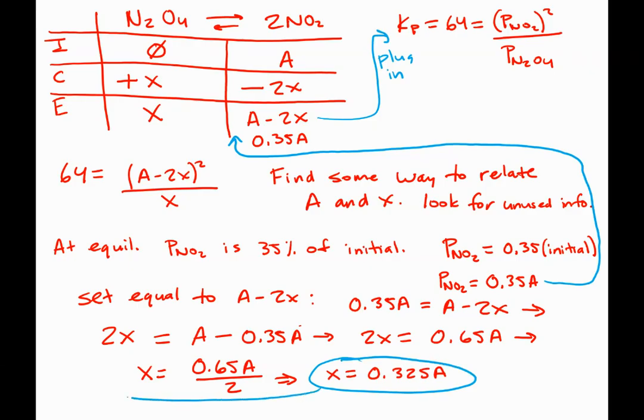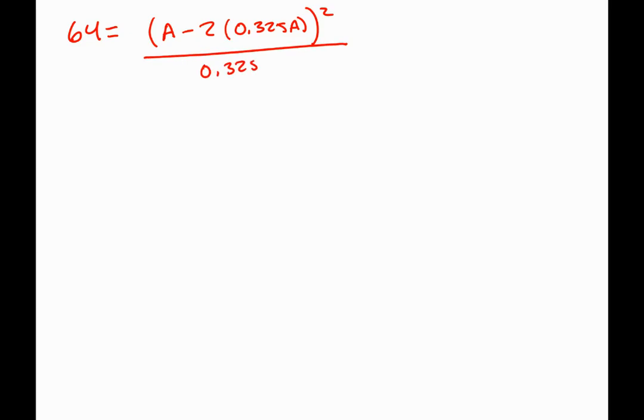Having determined that x is equal to 0.325A, we can now take this expression and use it to substitute x out from the KP expression. So we're going to plug it in right here, and right there. So what we have here is that 64 is equal to the quantity A minus 2 times, we said that x was 0.325A, quantity squared over x, and again, x is 0.325A.